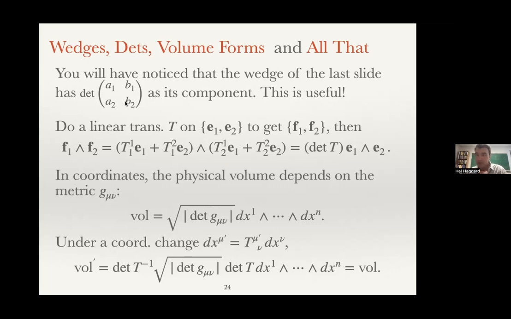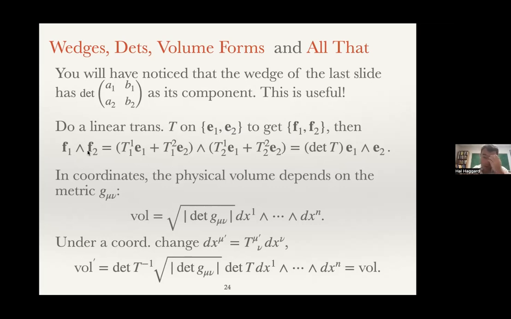This observation is actually quite useful. What it means is if we do any linear transformation, let's call it T, and act this linear transformation on our basis, so let's act T on the basis E1, E2 to get the new basis F1, F2, let's see what that does. Well, we can check just by forming the wedge.